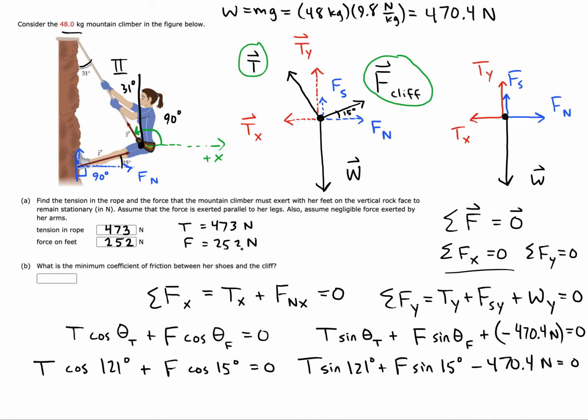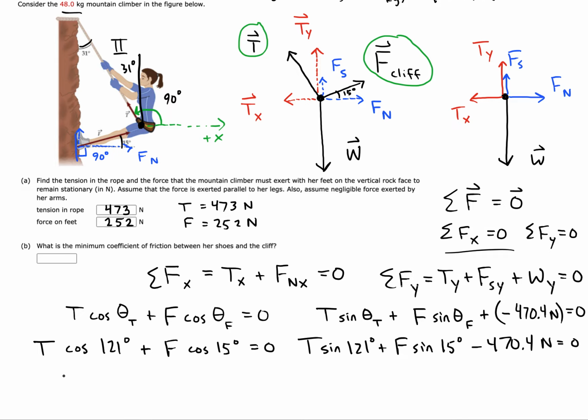So if we take that magnitude of F, we could find the different components. So, for example, the normal force would have been F times cosine of 15.